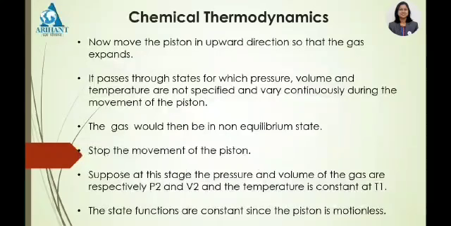Since it is gas, it will move continuously in random motion. So the gas would then be in a non-equilibrium state. Now stop the movement of the piston. Now suppose at this stage the pressure and volume of the gas are respectively P2 and V2, and the temperature is kept constant at T1.